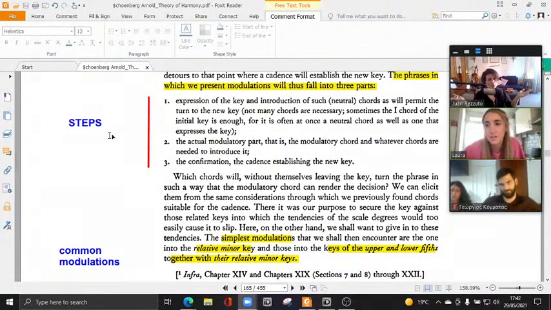Yes, exactly. Very good. The dominant, but which is the dominant? D. Yes, D major. D7th is better. Very good. Exactly. That's why it says the confirmation, the cadence established in the new key. It's like, here we are.